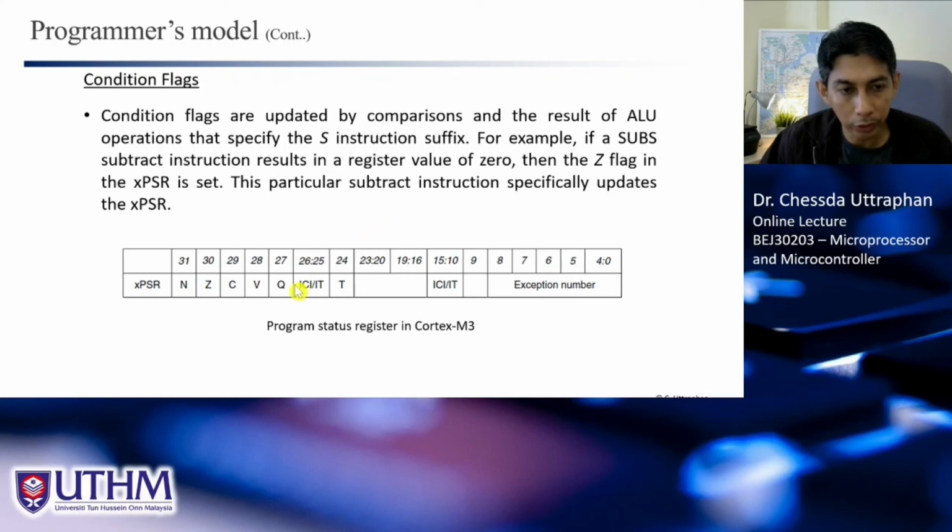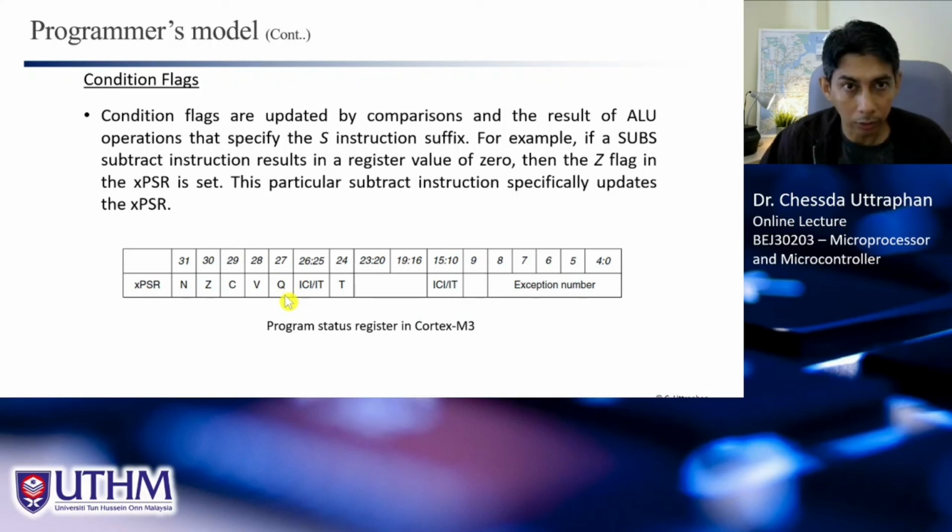But when we use the saturation instruction, it will set to the maximum number, which is always 7. So when you add any numbers that give more than 7, the result will always be 7, and this will set this bit to 1. It means that it is saturated at the maximum number 7, right?